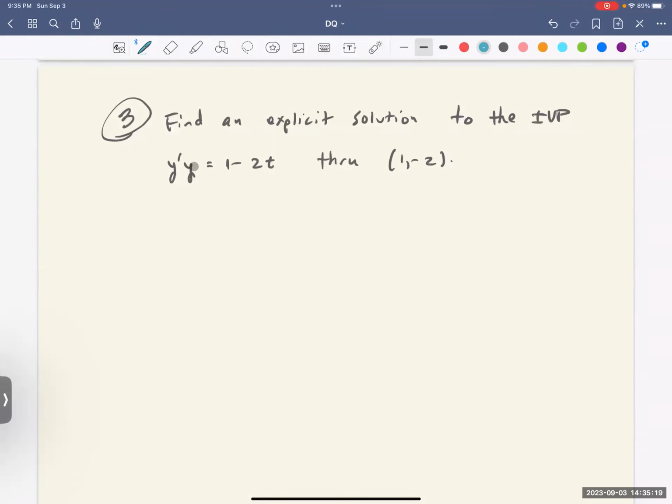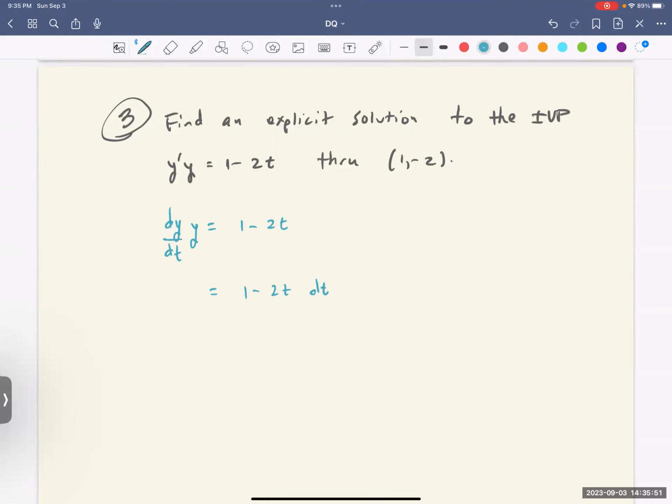And again, I'm going to rewrite the left side as dy/dx. I'm going to put the y, here's y, and then 1 minus 2t. Okay, so the independent variable is t, which means I need to go back and change this dy/dx to a dy/dt. Okay, right side, 1 minus 2t with a dt.